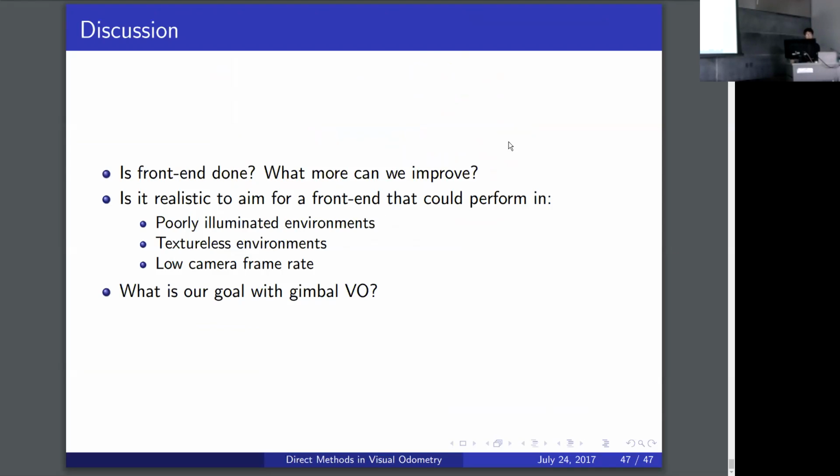Another question is, is it realistic to aim for a front end VO or SLAM system that is capable of handling all illumination environments and textures?